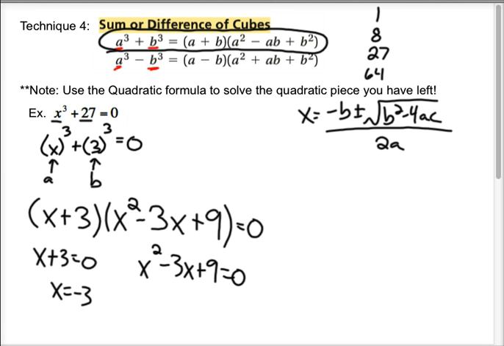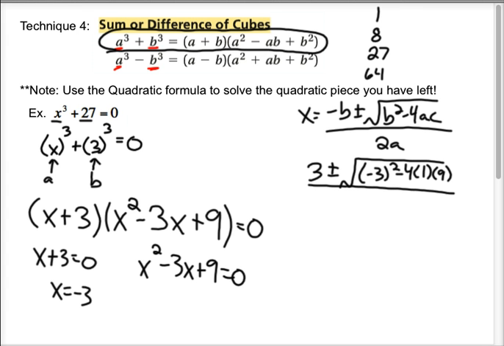So to solve that quadratic piece that is left over, now we need to use the quadratic formula on it. So we have our a of 1, b of negative 3, c of 9. So let's plug those in. So negative b plus or minus the square root of b squared minus 4 times a times c all over 2 times a.